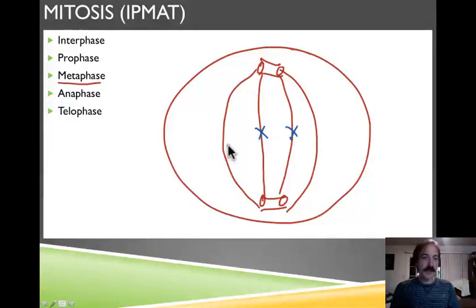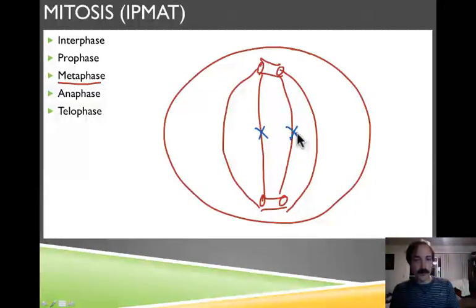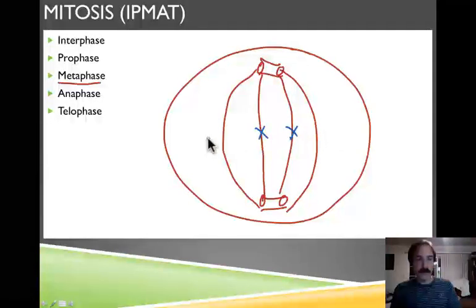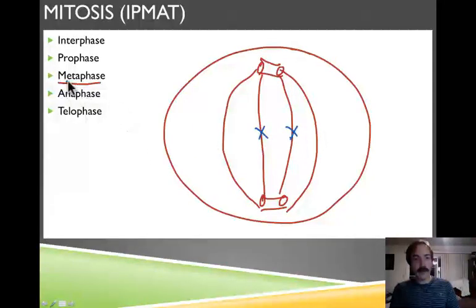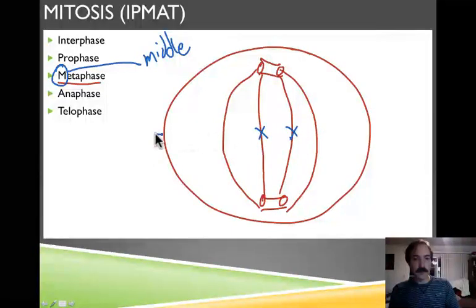So somewhere towards the end of prophase, your chromosomes will get attached to the actual spindle fibers, okay? And then as the spindle apparatus slides into place, it will pull the chromosomes to the middle. And this is how I remember what metaphase is all about. The M in metaphase, I think of it as standing for middle or midline, and what that means is that the chromosomes have been pulled to the midline of the cell.